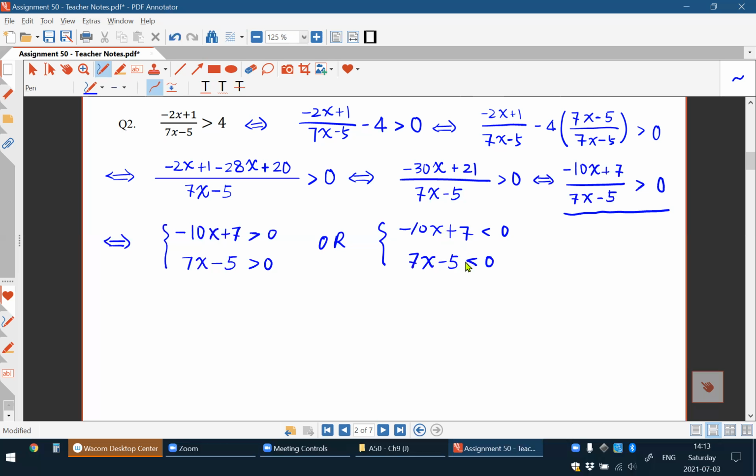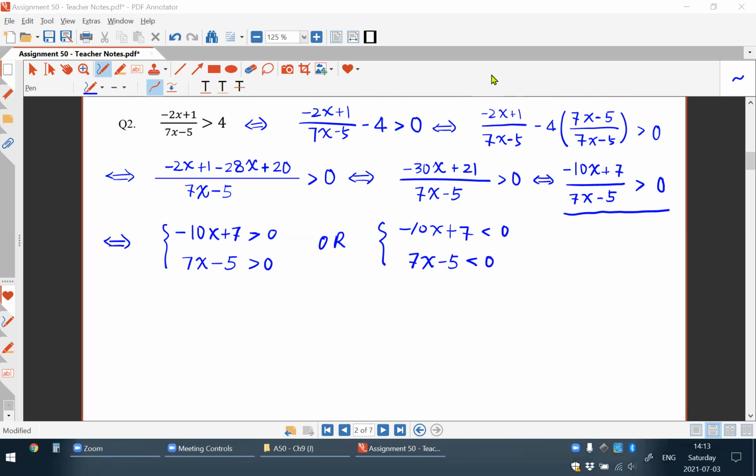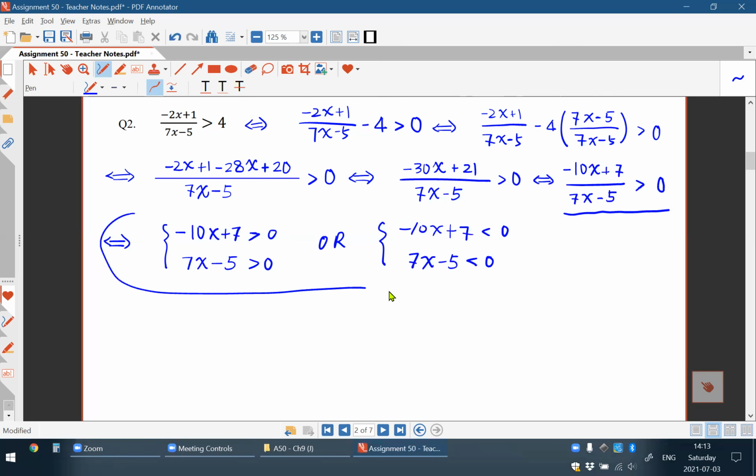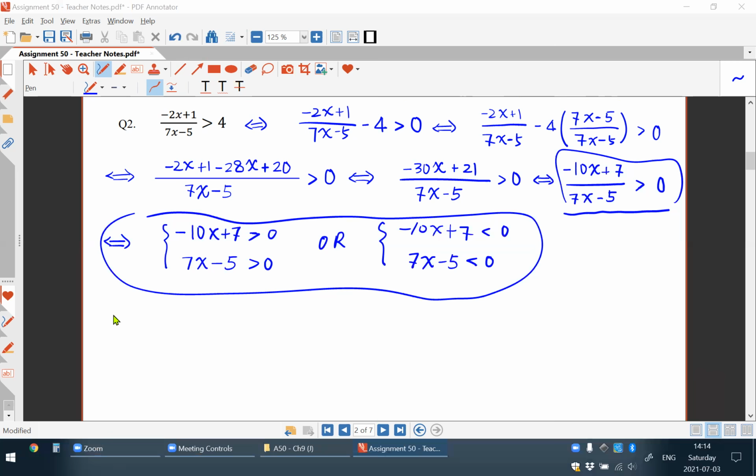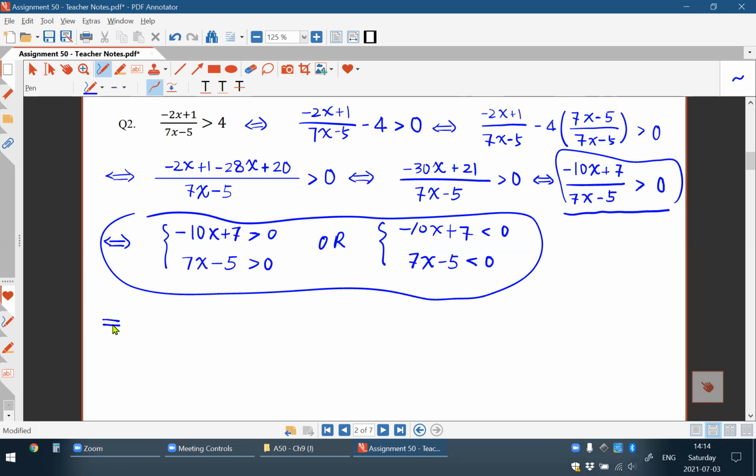You understand? Okay, Dora, do you understand why this is equivalent to the original expression here? Okay, good. So now we can solve these two sub-questions separately, right?